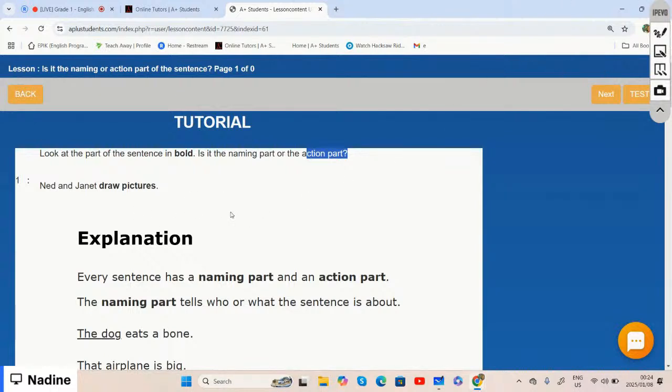So draw pictures. It says Ned and Janet draw pictures. We need to say, is it a naming part or an action part?